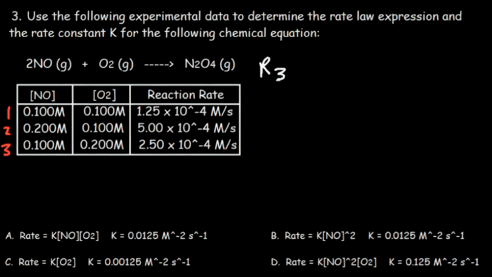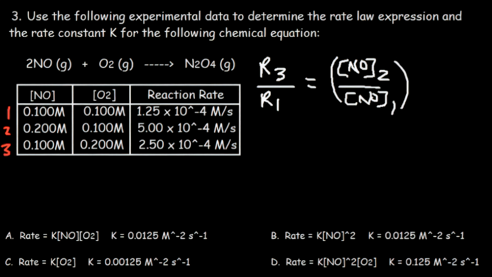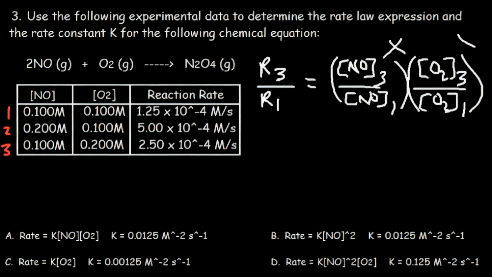So the rate for trial 3 divided by the rate for trial 1 is equal to the concentration of NO raised to the x, which we know to be 2, times the concentration of O2, this should be a 3, for trial 3. And then raised to the y.